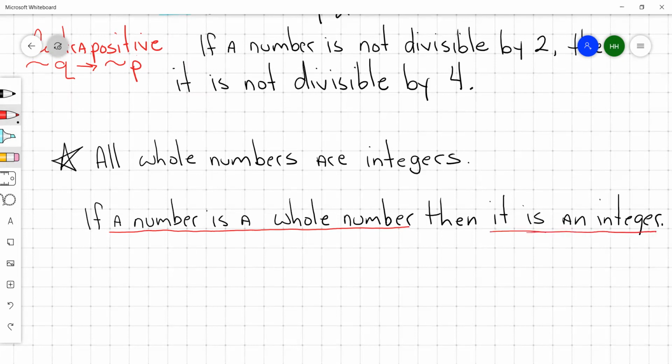All right? So understand that you could get a sentence in this form, and you can still determine the hypothesis and the conclusion, whether you rewrite it in if-then form or you just understand that it can be written in if-then form. Does that make sense? Okay.